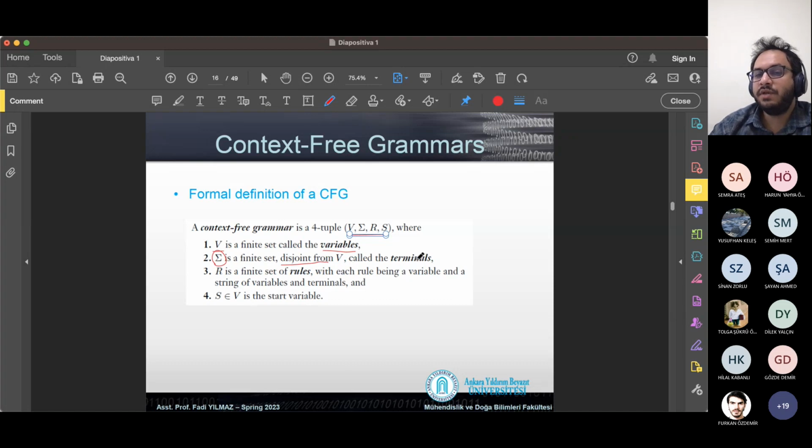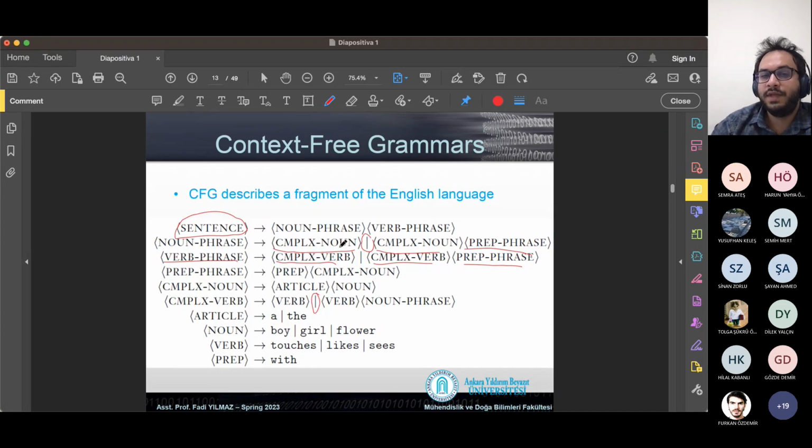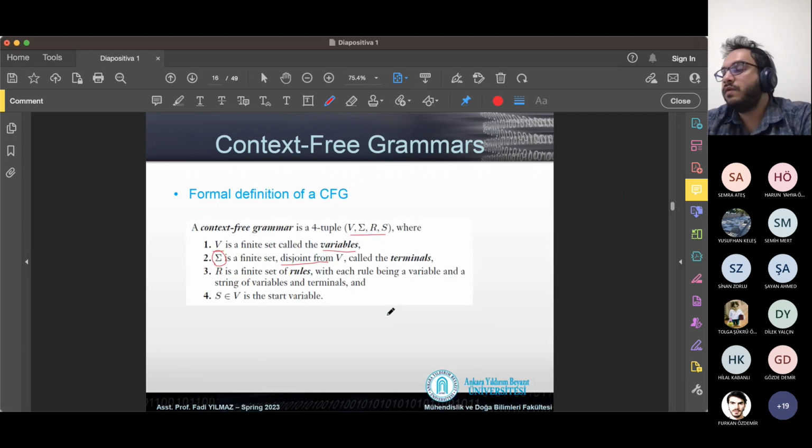Okay, guys. As a rule, we use uppercase letters for the variables and lowercase letters for terminals. Here, as you can see, all of the variables have uppercase letters and all the terminals have lowercase letters. There cannot be any intersection between V and sigma.